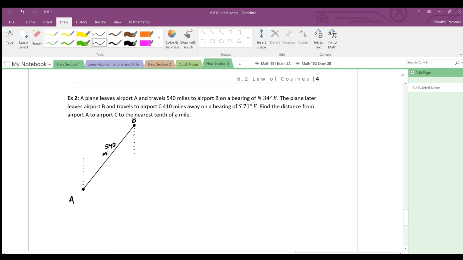So that would mean we want to rotate 71 degrees towards the east, and this was from the south. Okay. So if we do that, it should be something like this. And we shouldn't go quite as far because this is only supposed to go 410 miles.